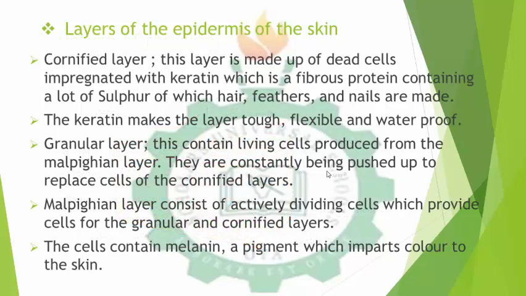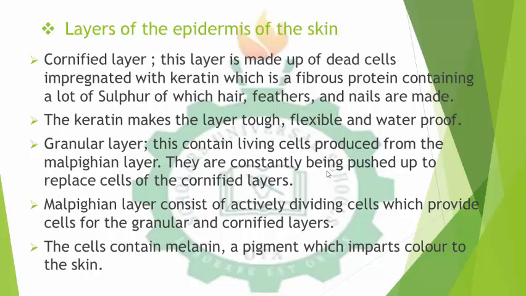The layers of the epidermis of the skin. The first layer, which is the outermost layer, is called the cornified layer. It is made up of dead cells impregnated with keratin, a type of fibrous protein that contains lots of sulphur, of which hair, feathers, and nails are made.